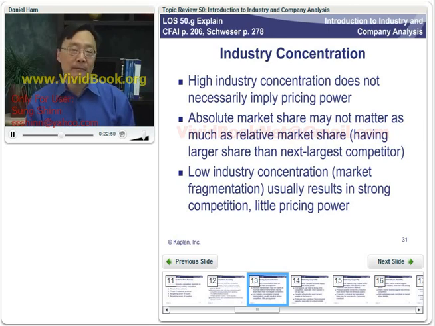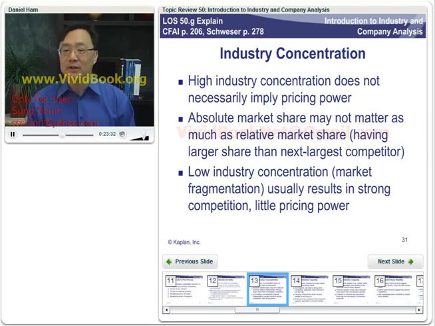One way to look at it is commercial plane manufacturers, Airbus and Boeing. Because they're somewhat interchangeable, the buyers look at them almost one for the other, and so they're looked upon as commodity-like. Both of these companies have very little pricing power, even though they make up virtually the whole commercial airplane manufacturing industry. So it's not the absolute market share, it's really the relative.